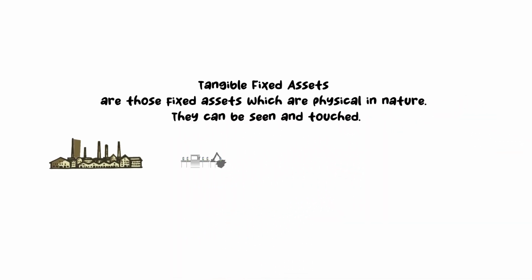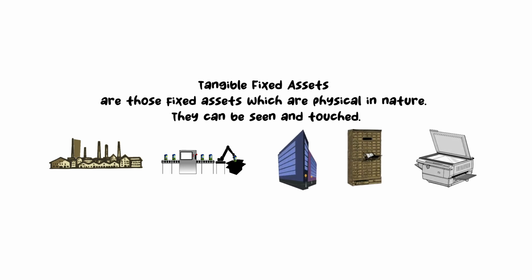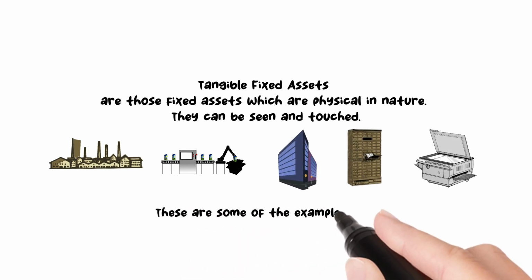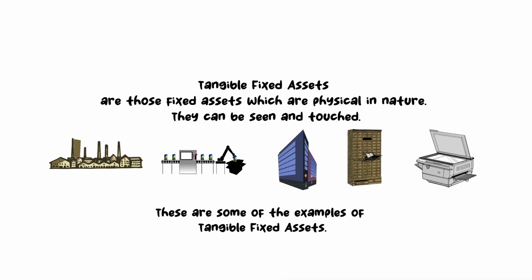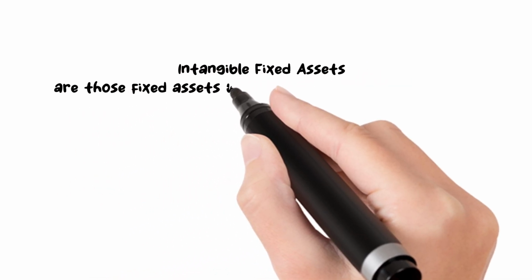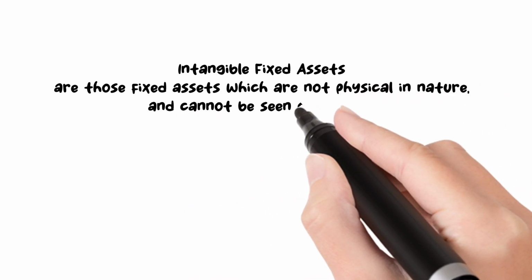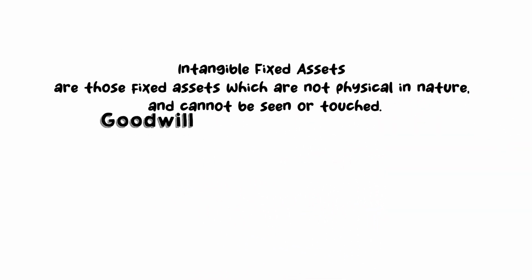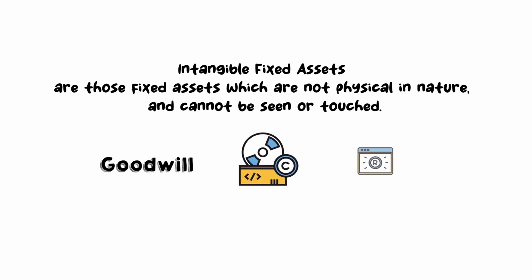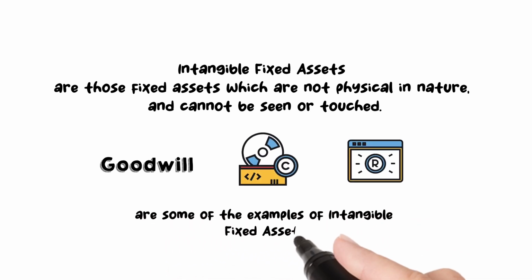Plant, machinery, buildings, furniture, office equipment are some of the examples of tangible fixed assets. Intangible fixed assets are those fixed assets which are not physical in nature and cannot be seen or touched. Goodwill, copyrights, trademarks are some of the examples of intangible fixed assets.